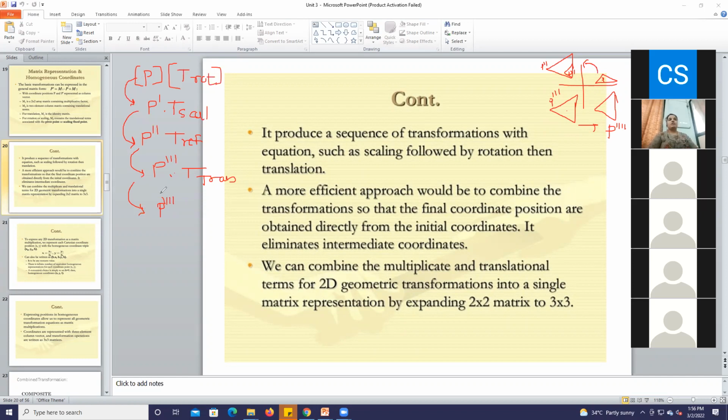Instead of doing these 4-5 steps, what I can do, I can perform the combined transformation.